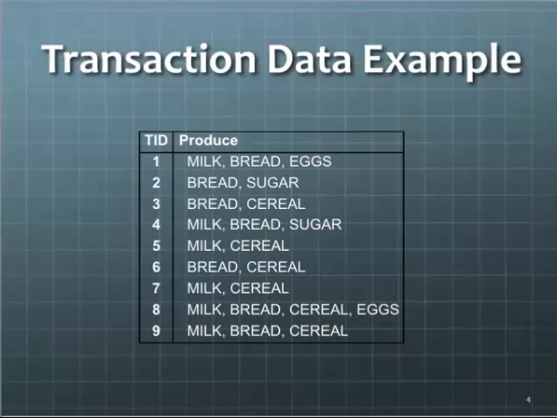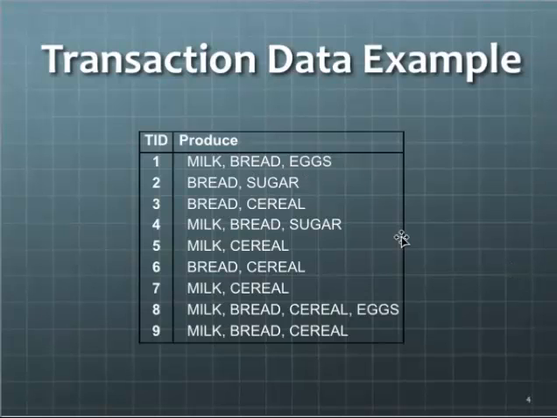So in order to understand association analysis in more detail, we have to mention the transaction data first. This table illustrates an example of the transaction data. Each row in this table corresponds to a transaction, which contains a unique identifier labeled transaction ID and a set of items bought by a given customer.